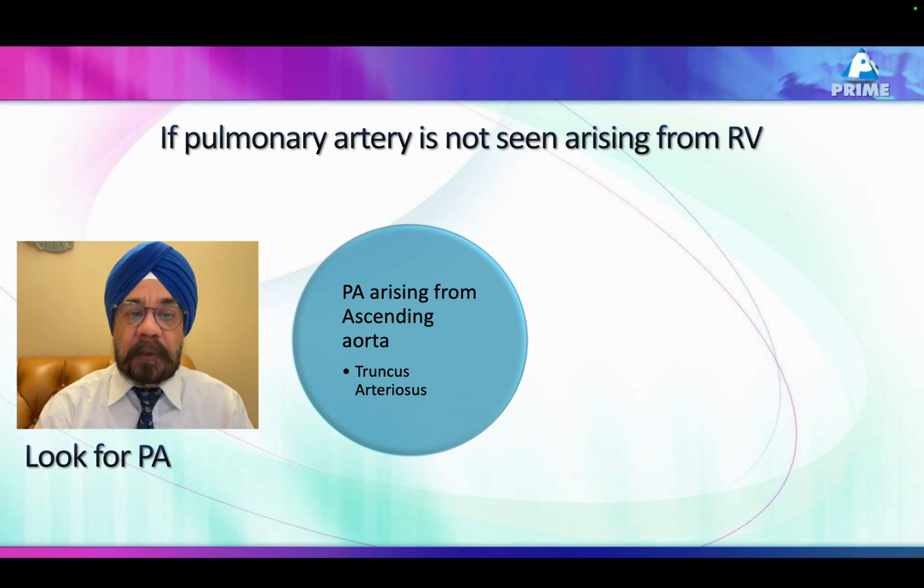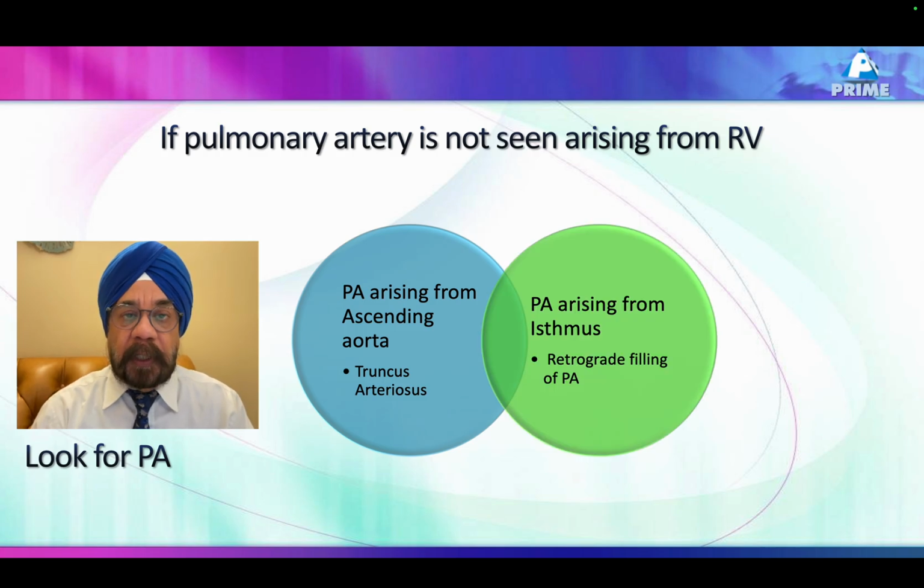The next step is to look for the pulmonary artery arising from the ascending aorta, either from the posterior aspect or from the lateral aspect. In case you see the pulmonary artery or its branches arising from the aorta, this becomes a common arterial trunk, in the past called truncus arteriosus.